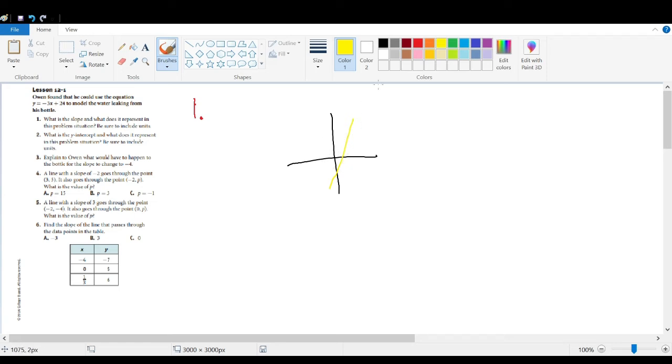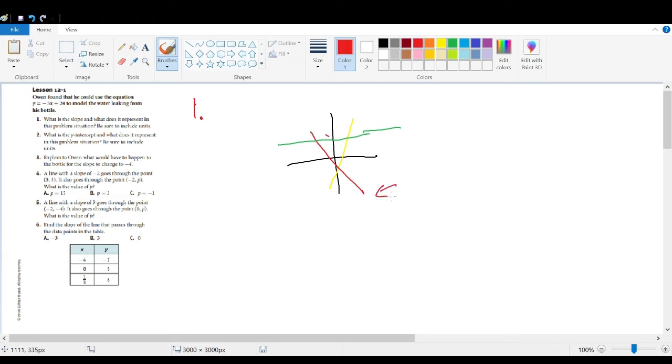But what happens if you have a negative slope? Well, with a negative slope, you would have a line like the red line, where as x increases, y is decreasing. And then you might be wondering, hey, what happens if I have a zero slope? Good question. If you have a zero slope, then as x increases, y stays exactly the same. There's no difference. It doesn't change at all. So I'll just write it out.